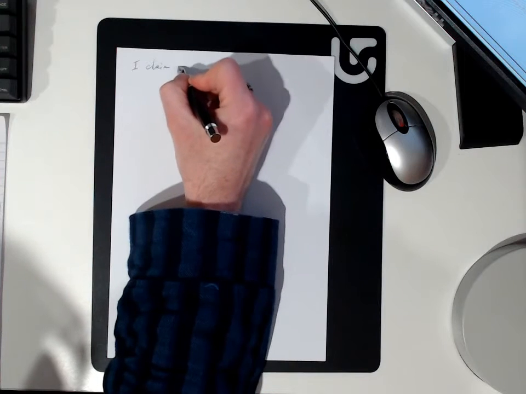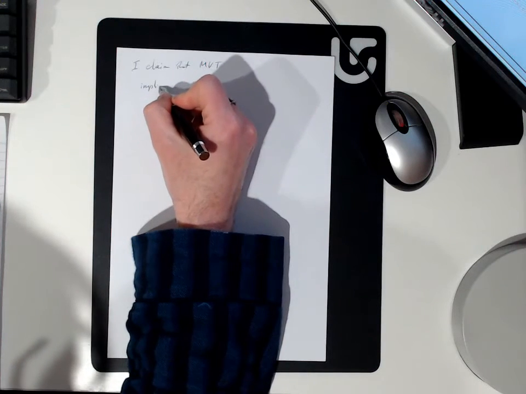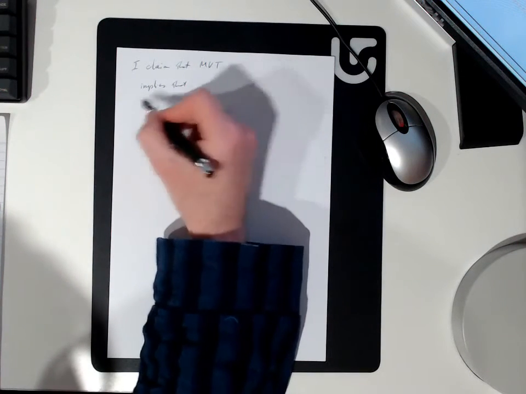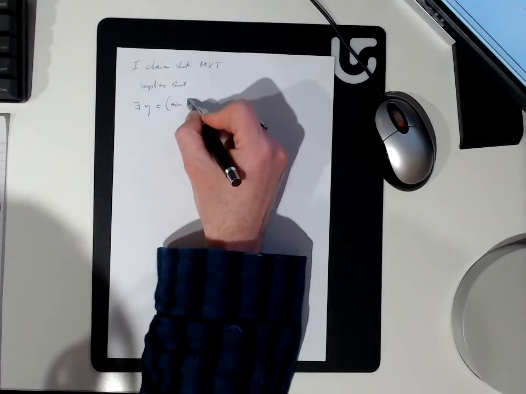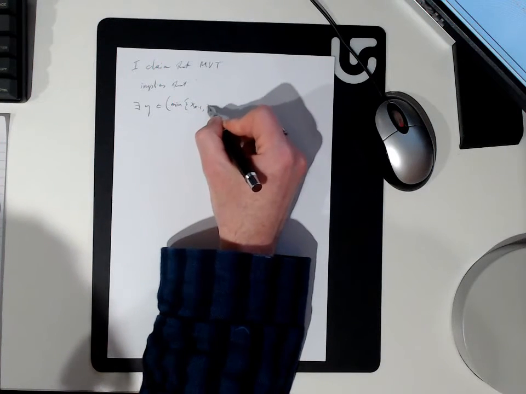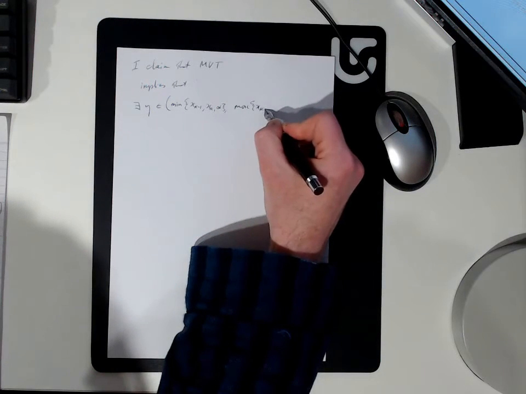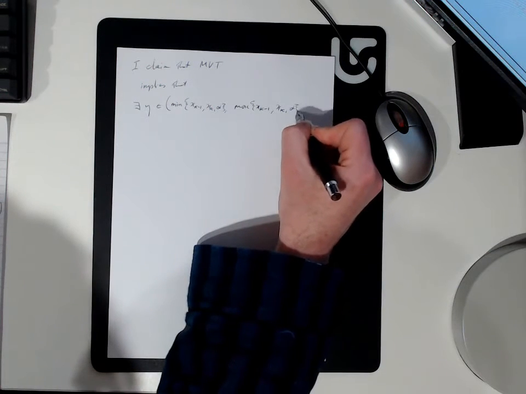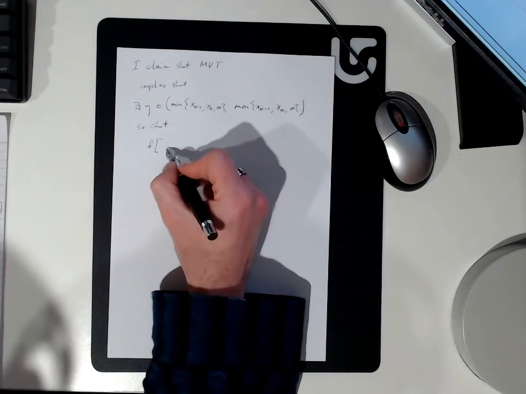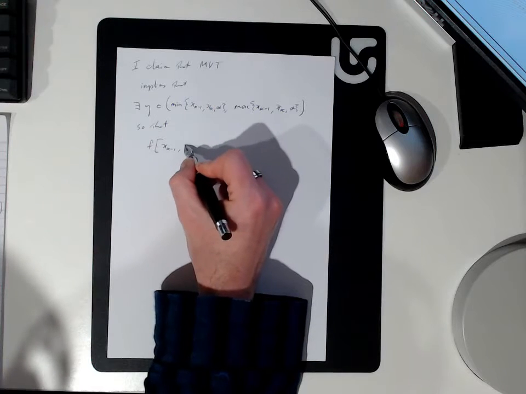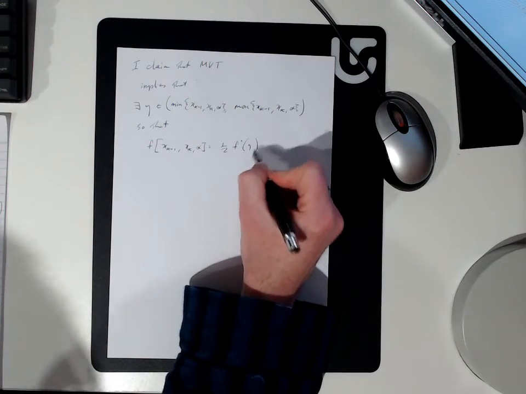I claim that the mean value theorem implies that there exists, I'm going to say eta in the interval, the minimum of xk minus 1, xk and alpha, and the maximum of xk minus 1, xk and alpha, so that the divided difference xk minus 1, xk and alpha is equal to 1/2 of the second derivative of our function at eta.